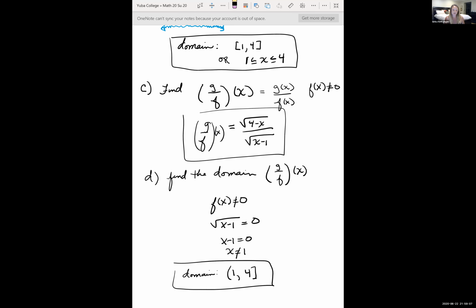So the next section is more dealing with looking at the graphs and being able to answer questions and doing things that we were doing, but with graphs and not equations. I'm just going to change the page.